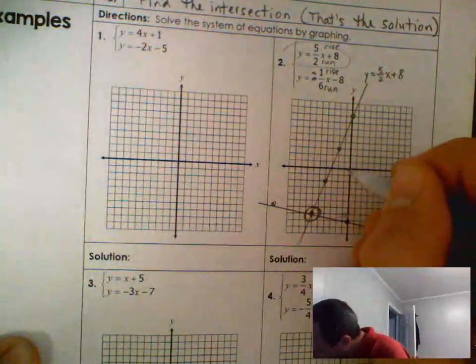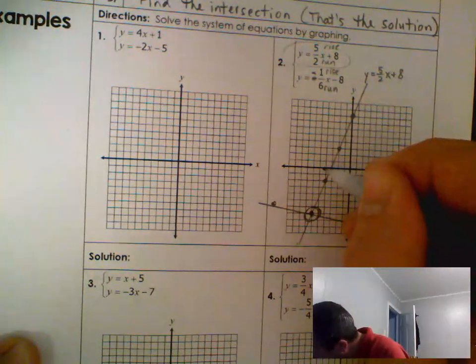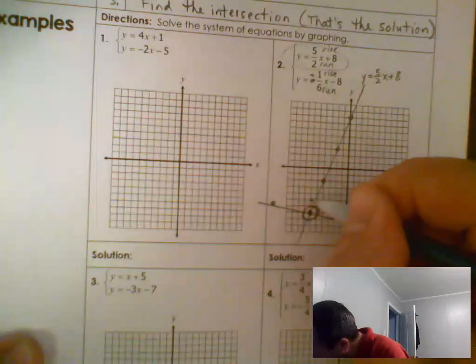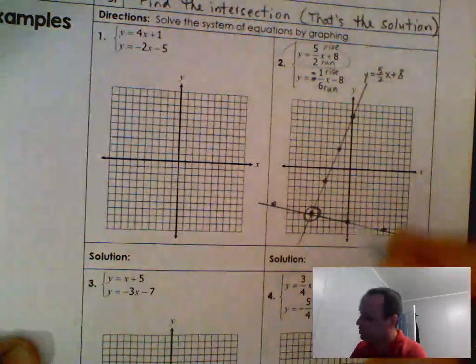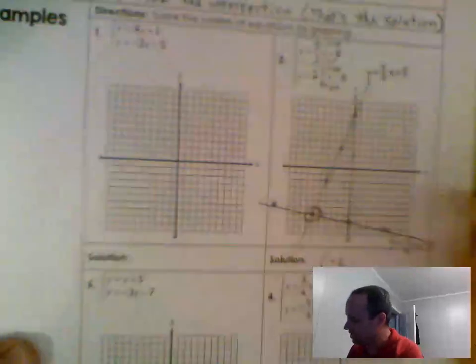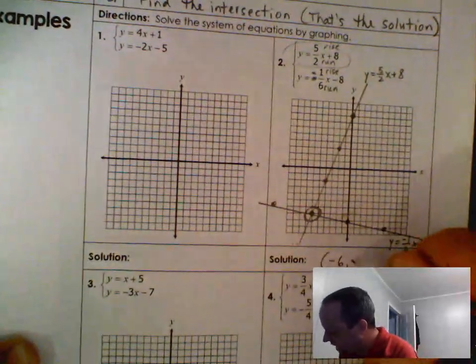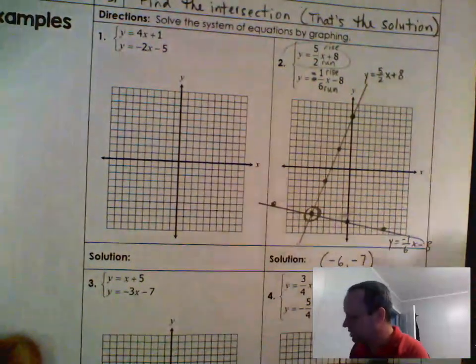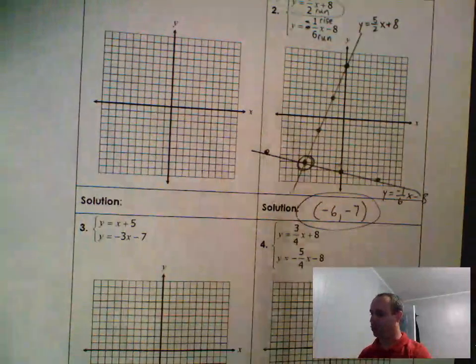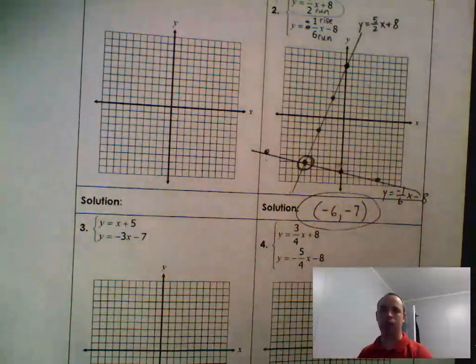And that answer is negative 6 to the left, and then down 7. So your solution is like a point. That's our solution. Okay. Now you're going to go do numbers 1, 3, and 4 on your own, just like we did number 2.